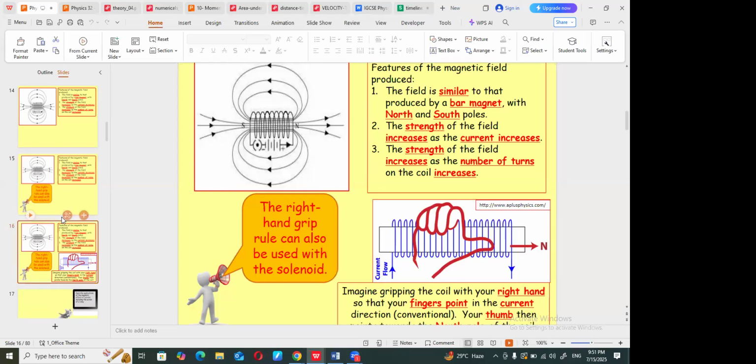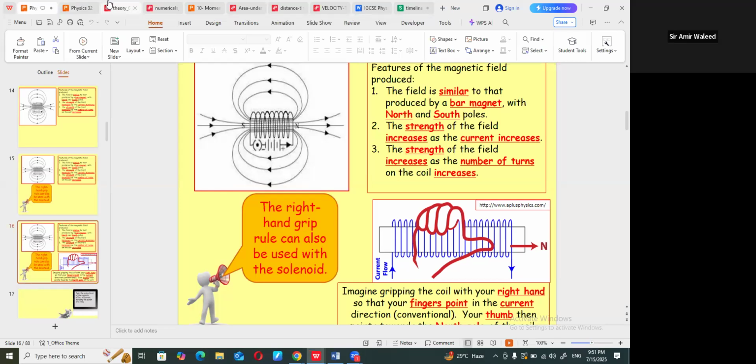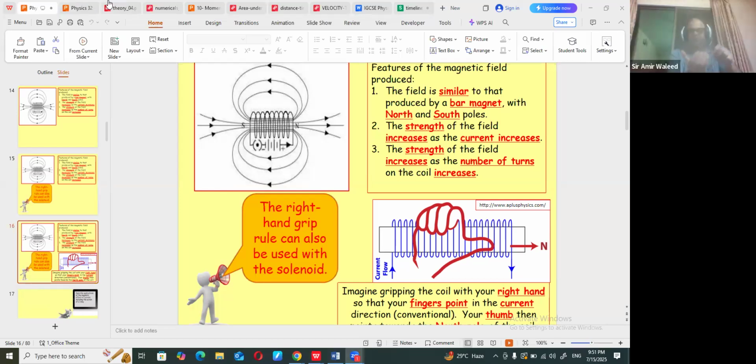Okay. This is called the right hand grip rule. Basically, I've shown you with the left hand. Actually, it should be done with the right hand like this. So in that case, check it out. It goes this way. And if it goes this way, which is from south to north, then it will be like this.